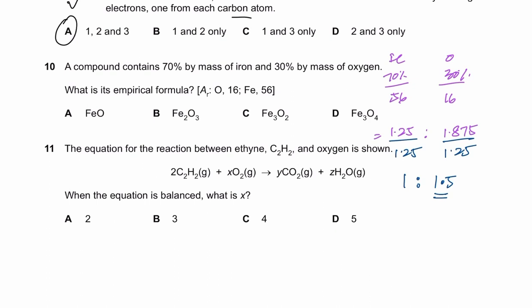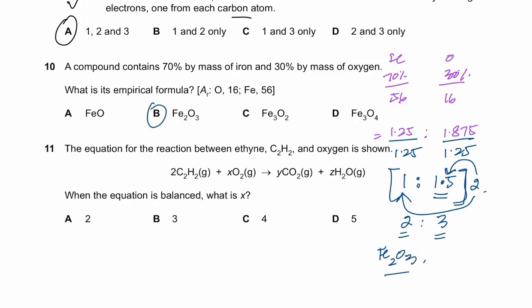Obviously if I multiply this by 2, I would get a whole number, which is 2 ratio 3, right? Because 2 times 1.5 is going to give me 3, and if I multiply by 2 here, I'll have to also multiply this one, right? Because in order to make the ratio equal. So what is the empirical formula? It's going to be Fe2, because you have 2 irons and 3 oxygens, so Fe2O3 is the empirical formula, and that's why B is the right option.